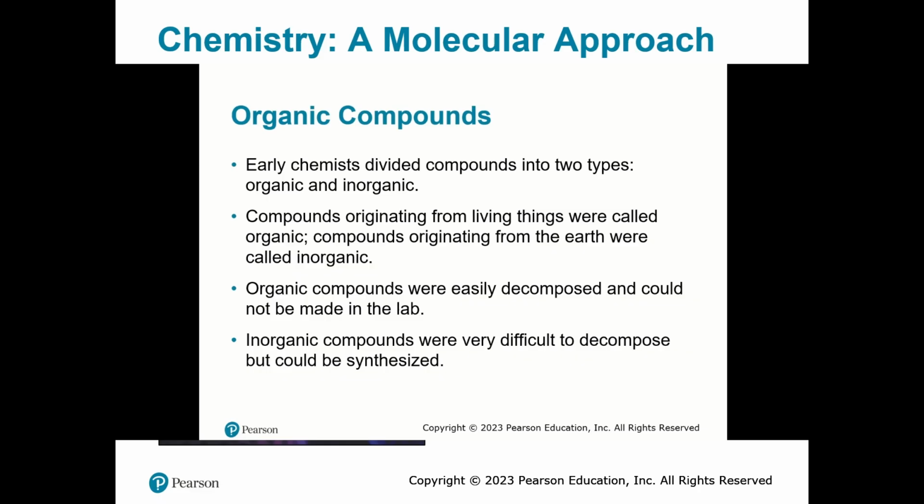However, some scientists made urea in the lab, so that broke this idea a little bit. It's all natural living things. Inorganic compounds were very difficult to decompose, but could be synthesized.